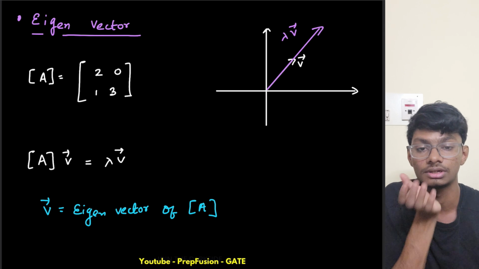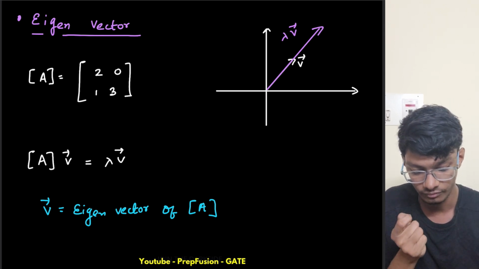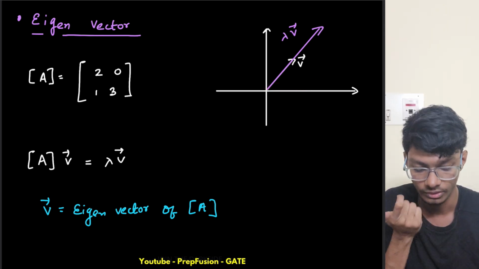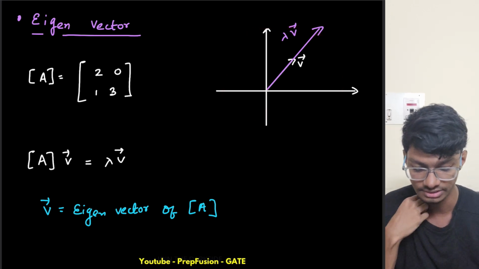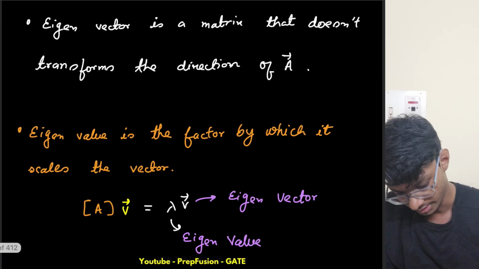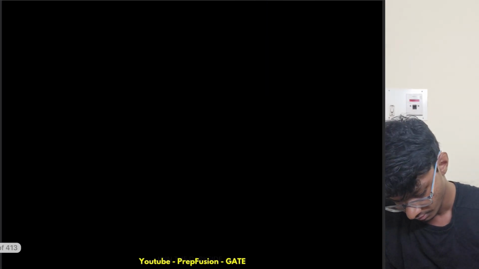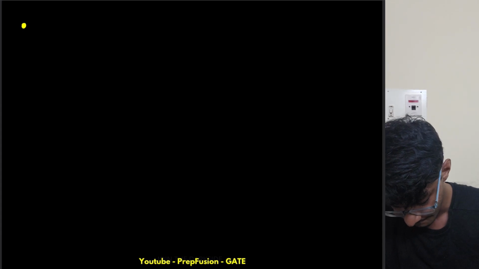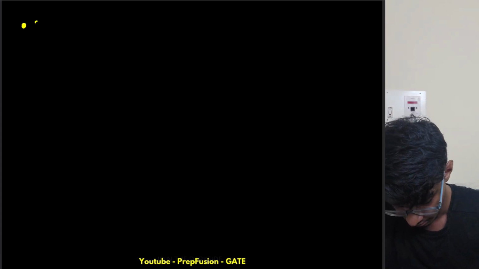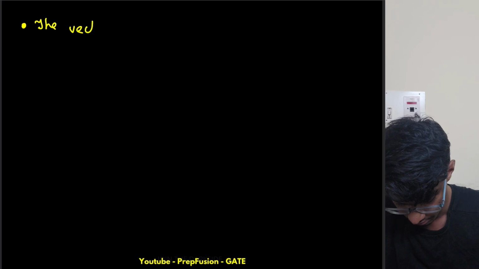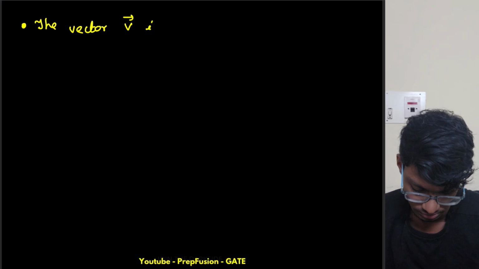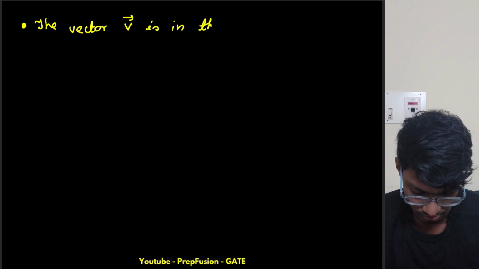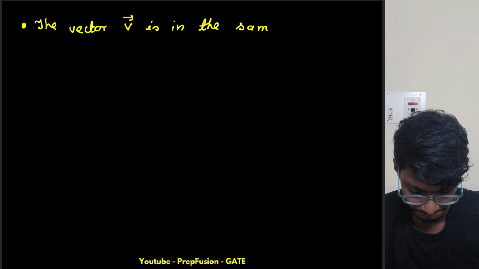If we had found any other angle, then obviously it would have left its span and we could cover the whole 2D plane, but it is in the same span.